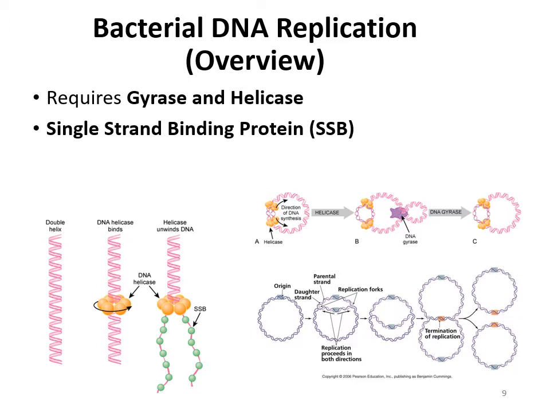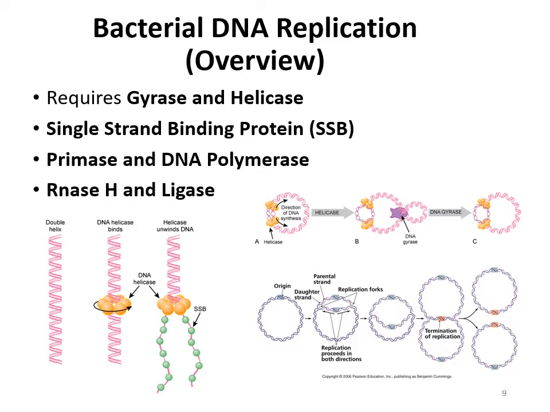So that's why the cell needs single strand binding protein, or SSB. Single strand binding protein you see in this diagram here. Once the two single strands are opened up, SSB coats each one to prevent the single strands from sticking right back together. Okay? Now we're going to move to the next slides to then explain the final enzymes that you see listed here.